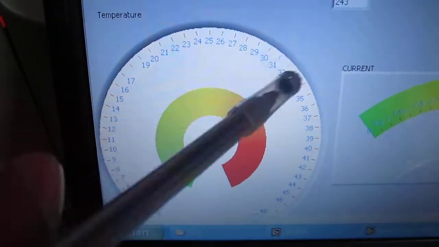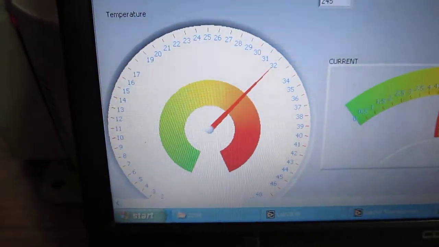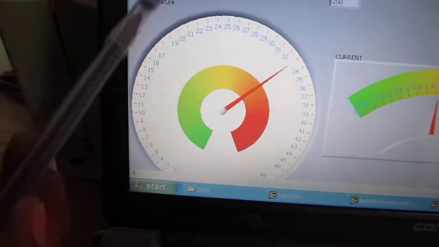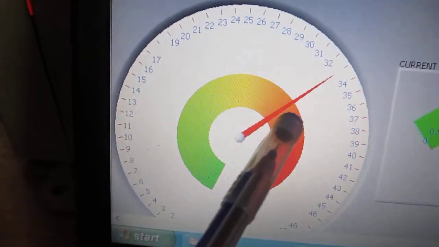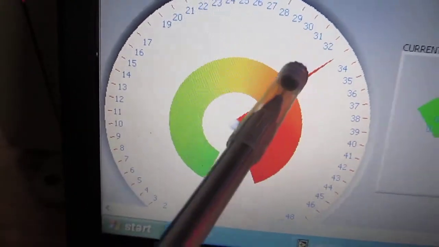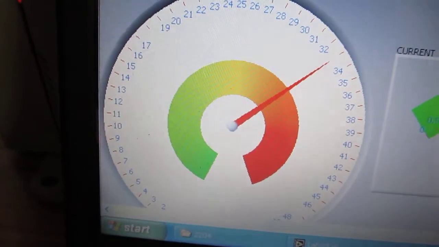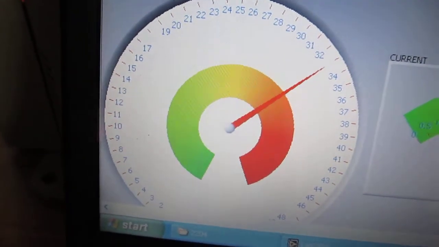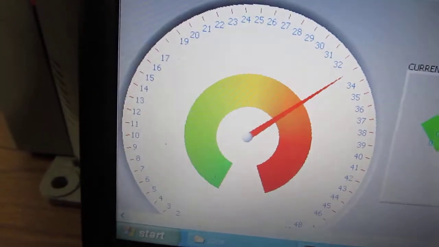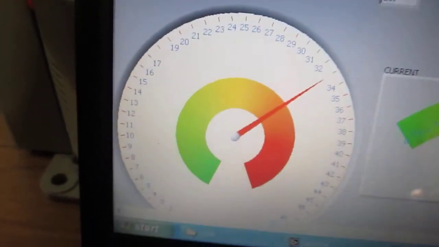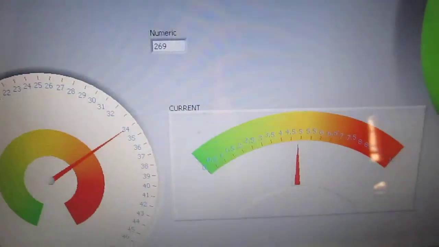Now we can see, even though I loaded up to almost 5 amperes, the actual value of operating temperature is 32 degrees centigrade, but our limit is 40 degrees centigrade. You can see it is slowly increasing. Very slow, because temperature is a real physical signal, which is not going to increase as rapidly as possible. It's going to increase gradually.